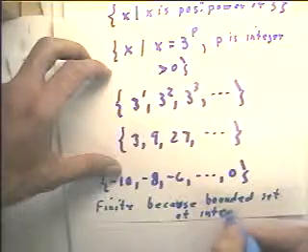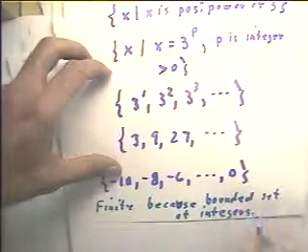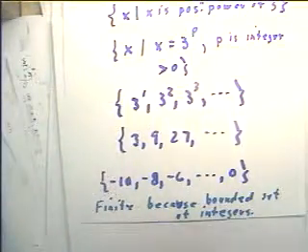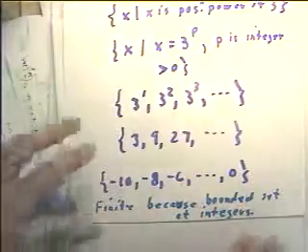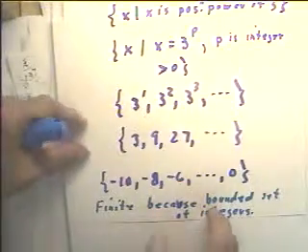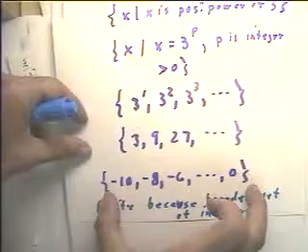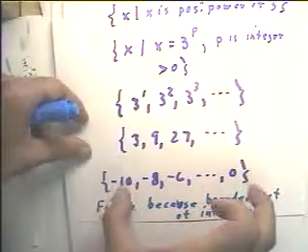But now that you say these are integers, we can certainly say that that set has to be bounded, because that set has to be finite. You can't bound a set of integers and have an infinite set of integers between two bounds.